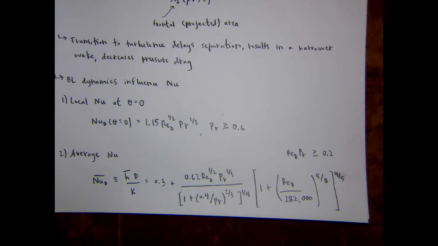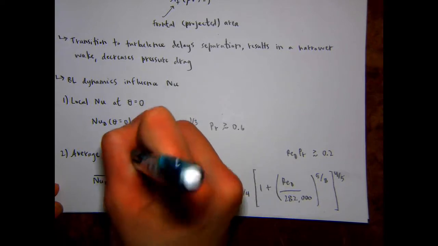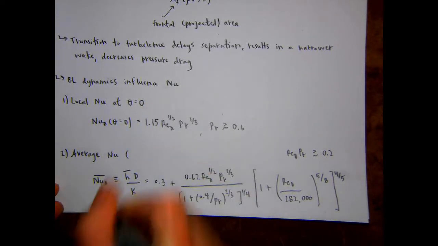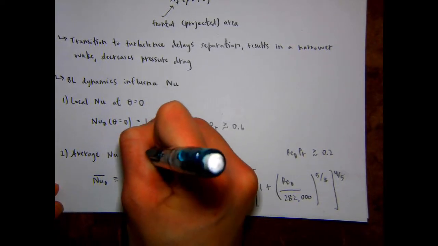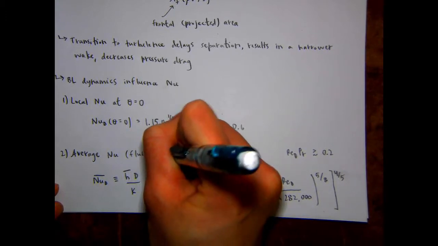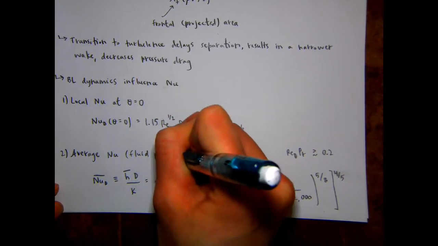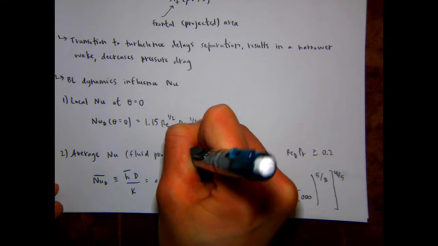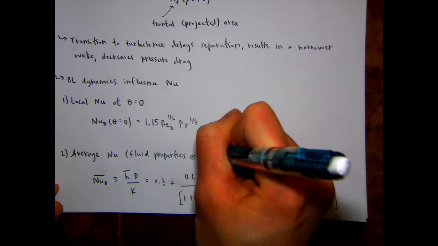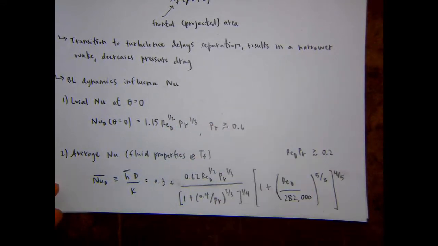And just as before with all the correlations we've written down for flow over a flat plate, the fluid properties are evaluated at the film temperature. I'm making this distinction because we are going to write down one correlation for a sphere where you do not evaluate the properties at the film temperature. And we'll talk about why.